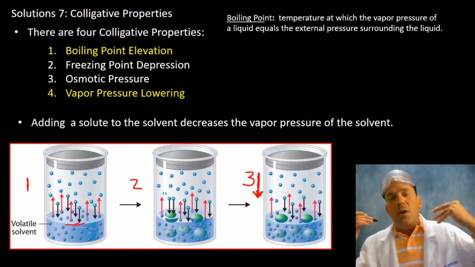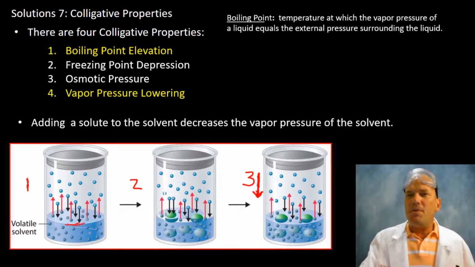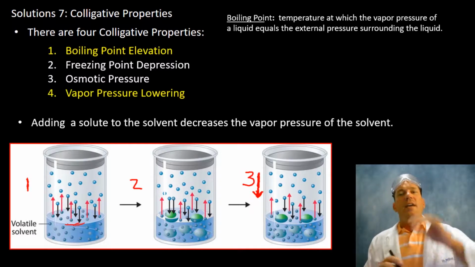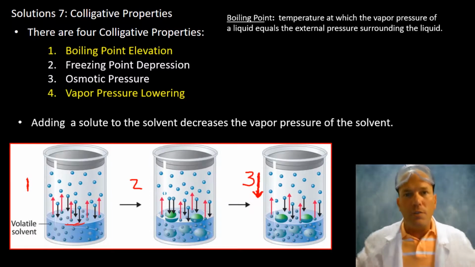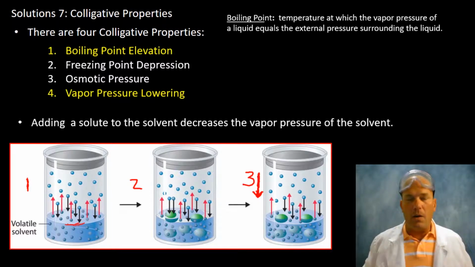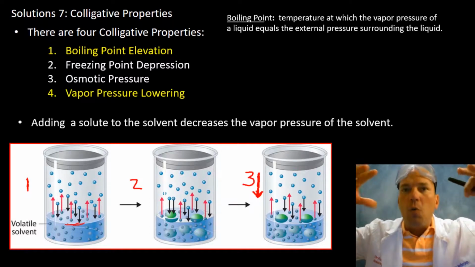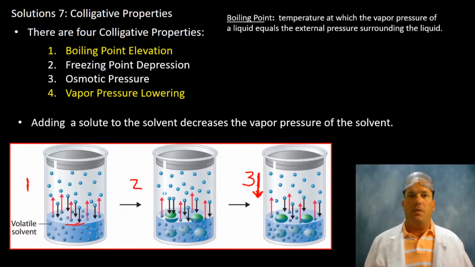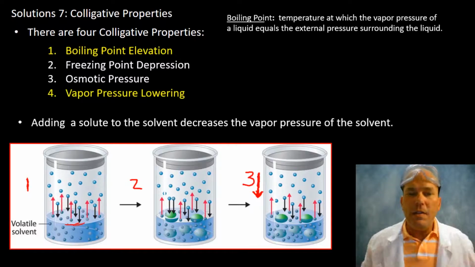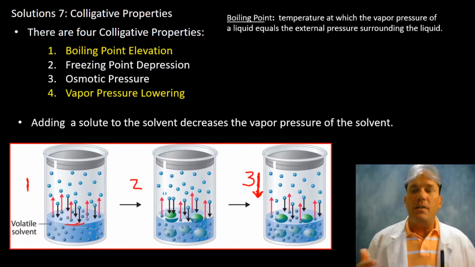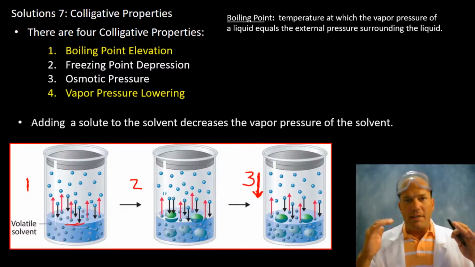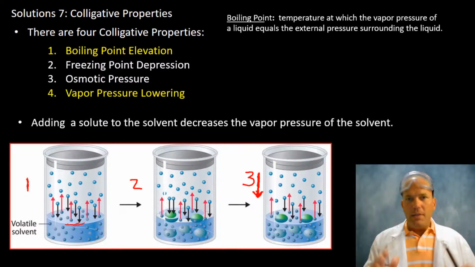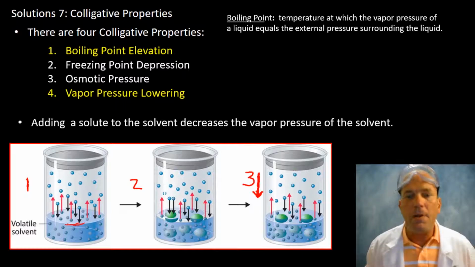Okay. And so boiling point is the temperature at which vapor pressure in the liquid equals the external pressure surrounding the liquid. All right. So if we say we are at 1 atmosphere of pressure, for example, these 3 vessels are not moving locations, so consider their external pressures as constant. All right, let's call it 1 atmosphere of pressure.